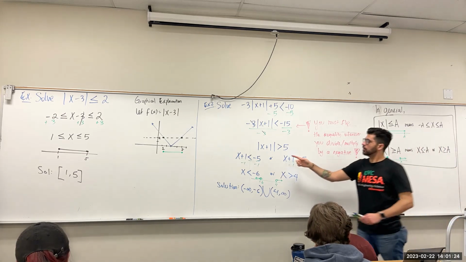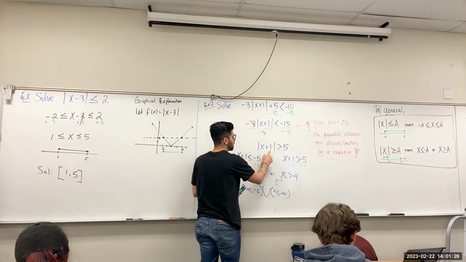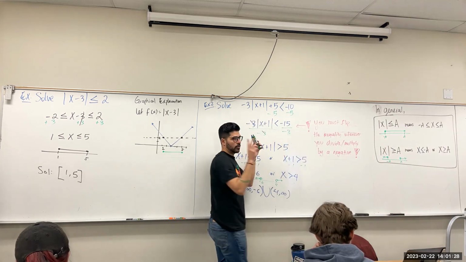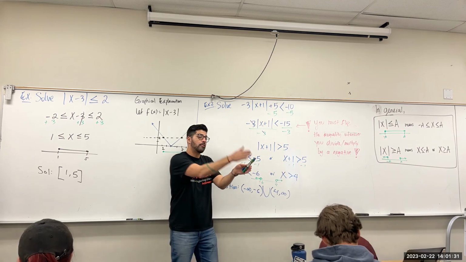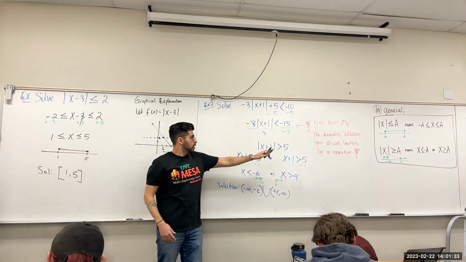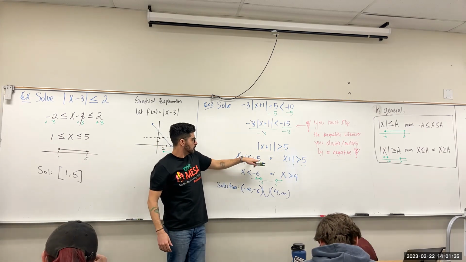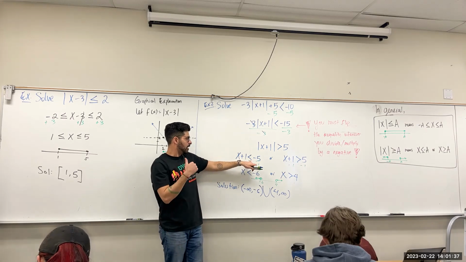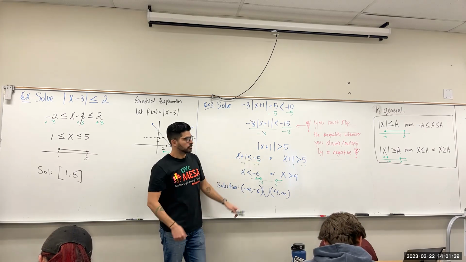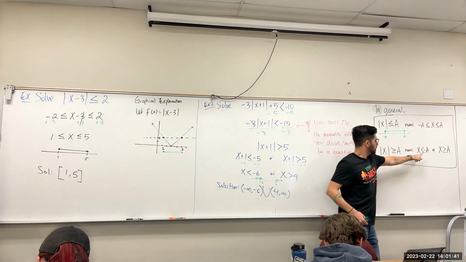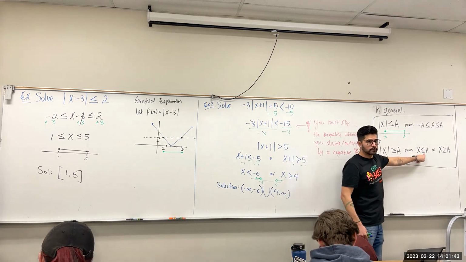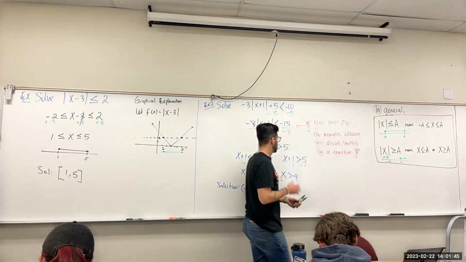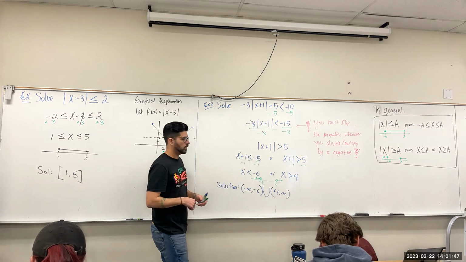And so here, I want x plus 1 to be greater than 5 in terms of distance. That means I want it to be more than 5 units away from 0. In order for that to happen, x plus 1 has to be less than -5. Exactly. Yeah, good point.